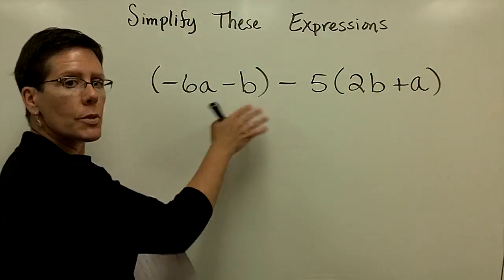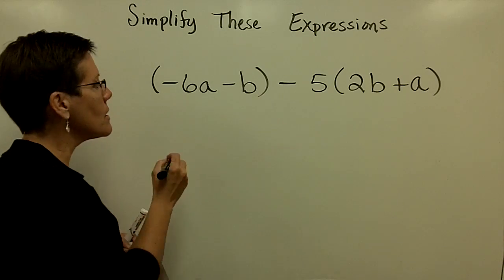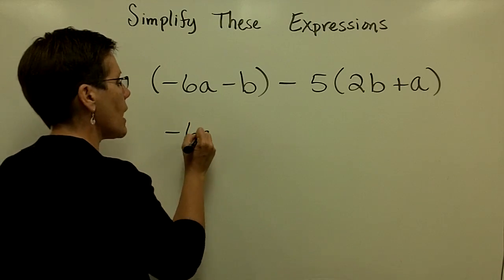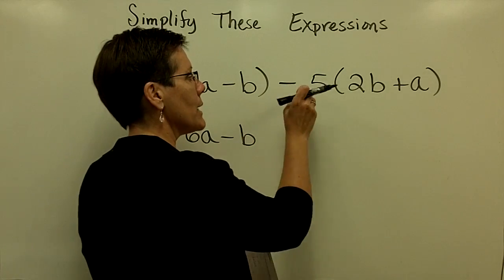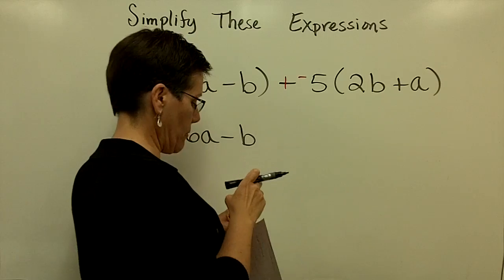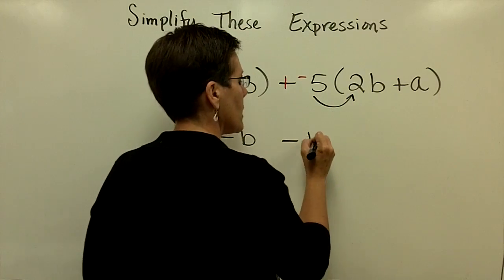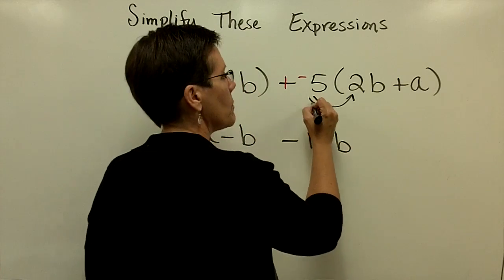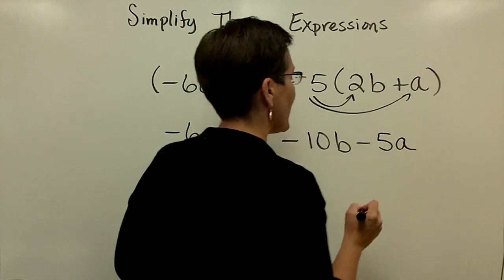So this grouping symbol here really has nothing in front of it, so that kind of serves no purpose. It can be very confusing. I'm going to drop that grouping symbol, but I am going to take this minus 5, which is a negative 5, and distribute it times 2. That would be a negative 10b, and a minus 5 times a is a minus 5a.